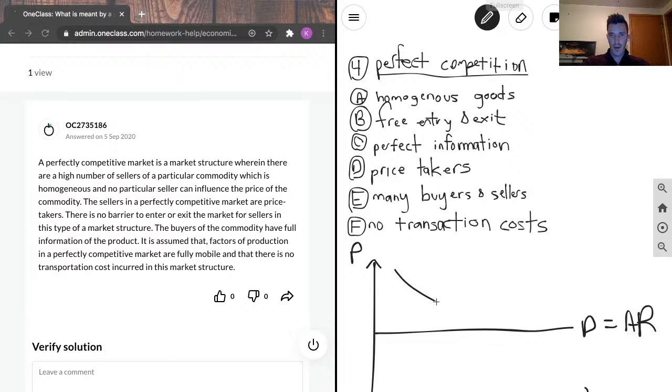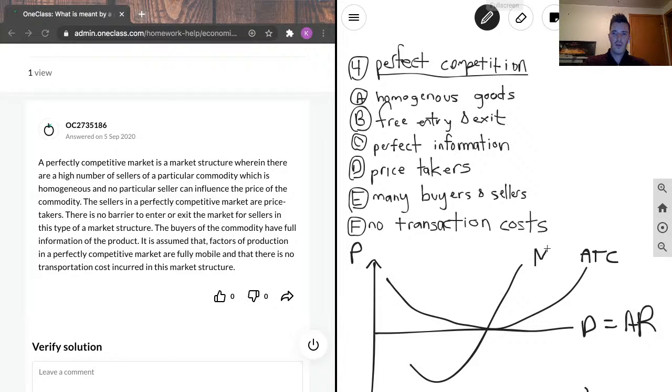We're going to have our average total cost, and the industry as a whole is going to produce where the marginal cost equals the average total cost equals the demand. So we've got Q star here and P star here.